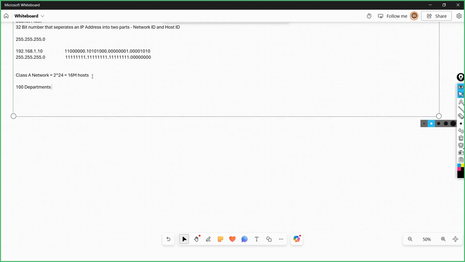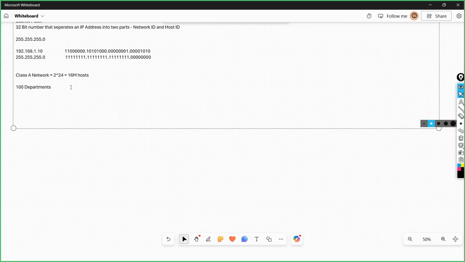So instead of assigning these 16 million hosts to all at once, you will be dividing your network into small segments, which are manageable for you.